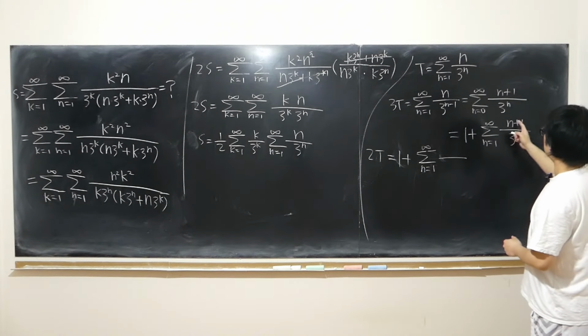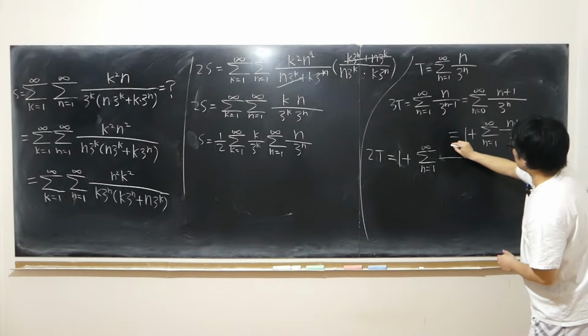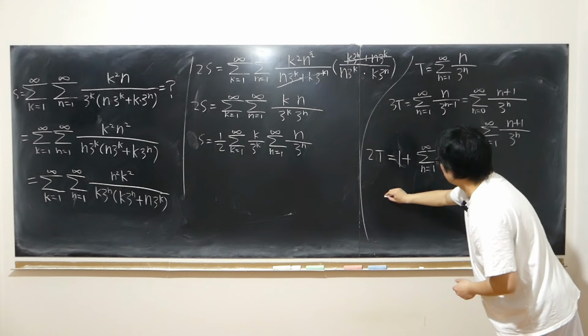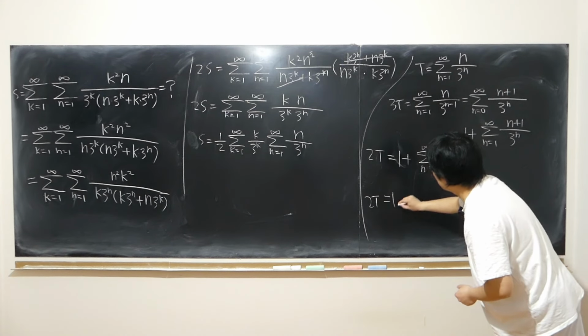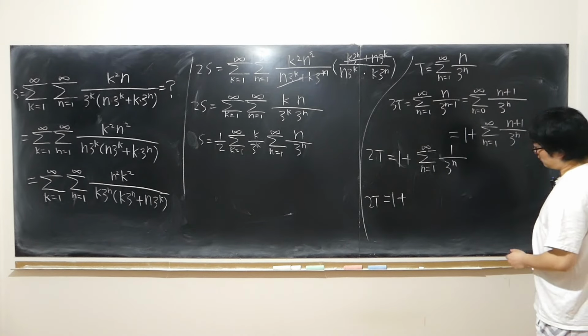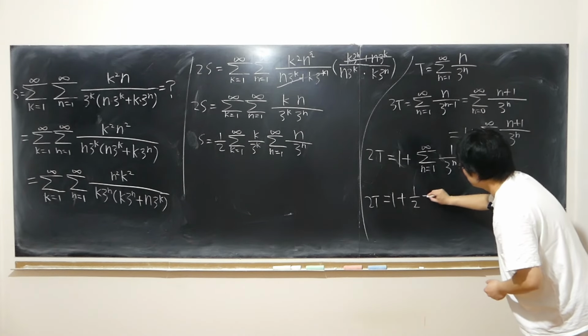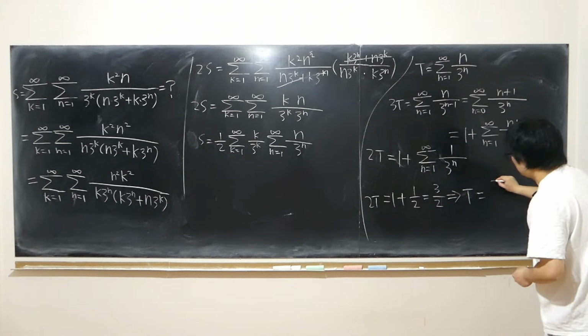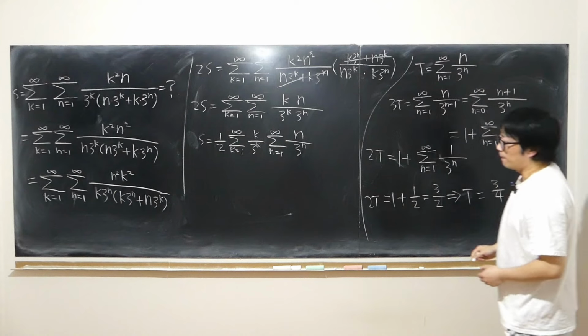Then this minus that. So 1 over 3 to the n, that is a geometric series with sum half. So t should be equal to 3 over 4, right?